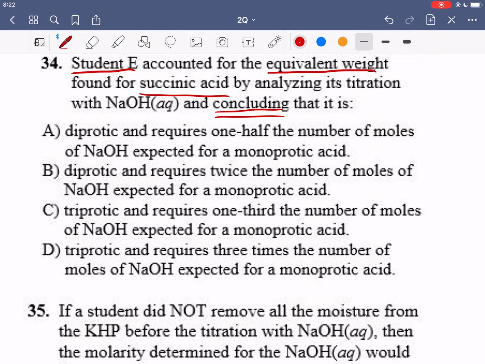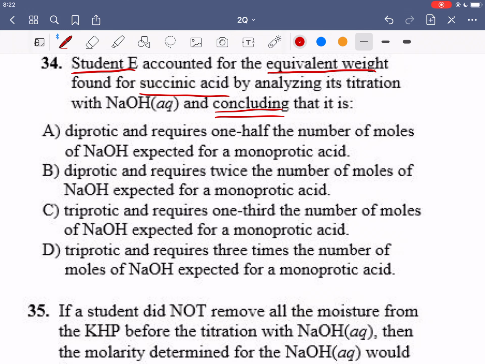So firstly, equivalent weight, what is that talking about? If something has a 1-to-1 equivalent weight, meaning that if I were to have 1 mole of an acid and 1 mole of a base, they would release enough of whatever the acid or basic component is that they would combine with each other to neutralize each other, then if it happens in an equal ratio, that's an equivalent weight of 1.